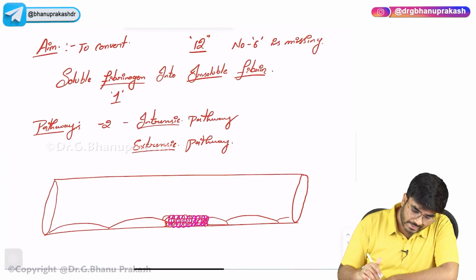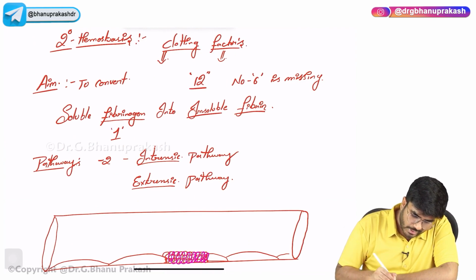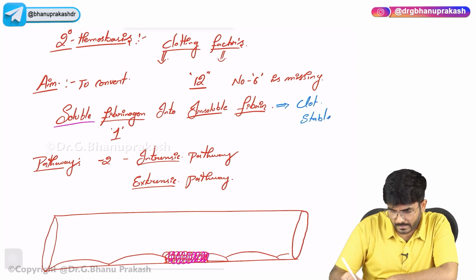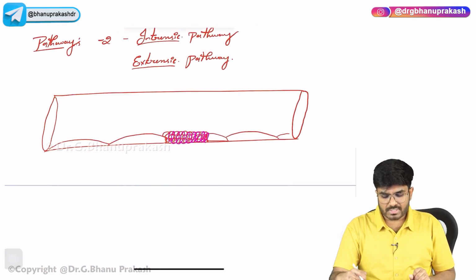So the aim of secondary hemostasis is to convert soluble fibrinogen into insoluble fibrin and make the clot stable. Okay, so it's stabilization of the clot. That is the aim of secondary hemostasis.